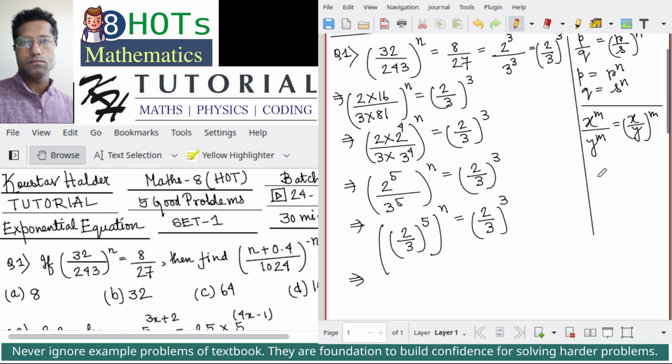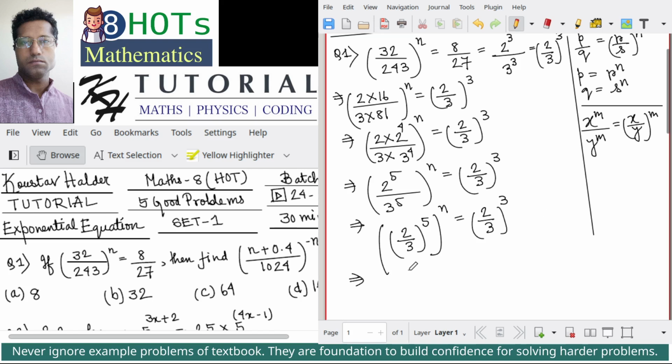As and when I am applying the laws, I will mention the laws. I will write the laws on the right hand side. So this thing is already written, that is 2 to the power 5 divided by 3 to the power 5 is equal to 2 by 3 whole raised to the power 5, which is already written on the right hand side, that is x to the power m divided by y to the power m is equal to x by y whole raised to the power m.